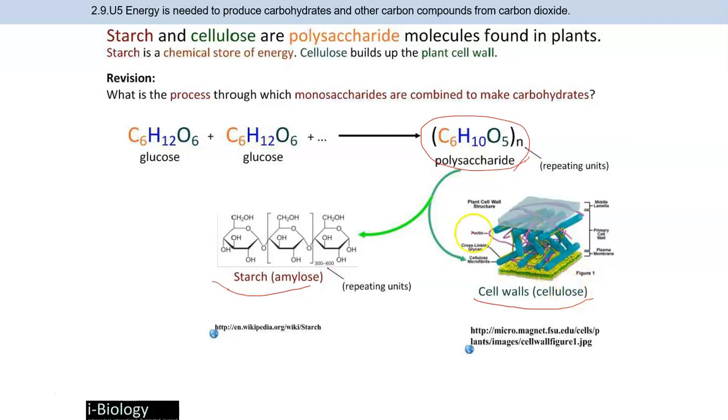In all of them the unit is glucose, but the way that they bond with each other, and the carbon numbers that link these units together, are different, and the branches also are different. If you want to remember, you have to go back to the related unit that we have already discussed about the differences.